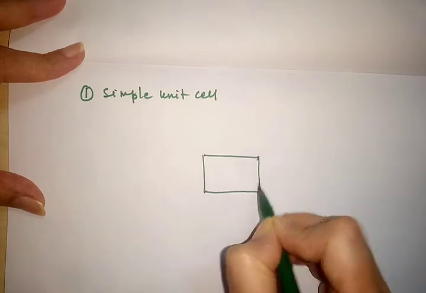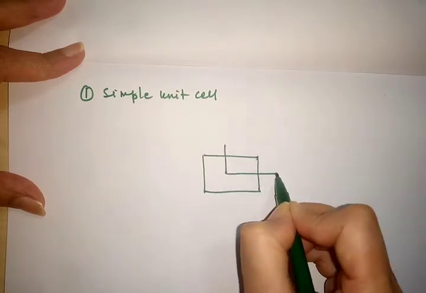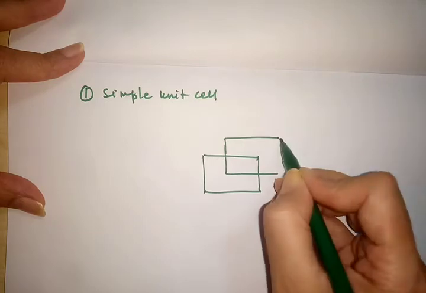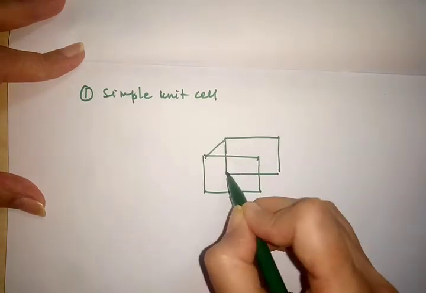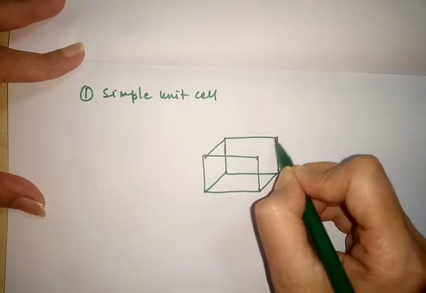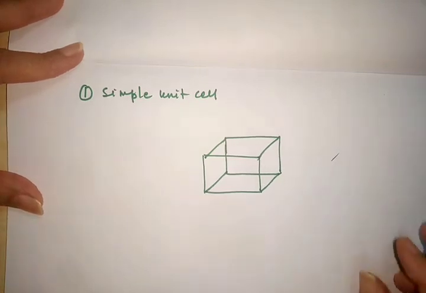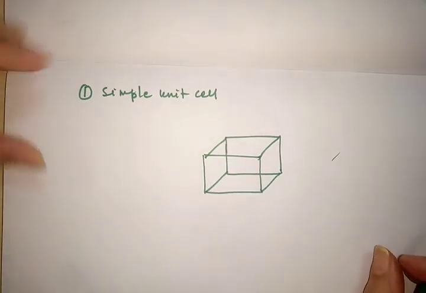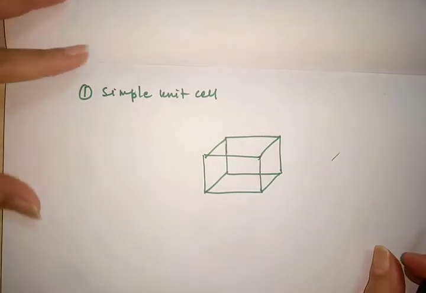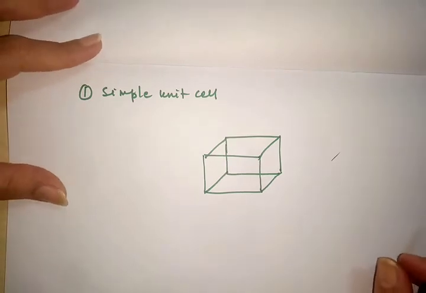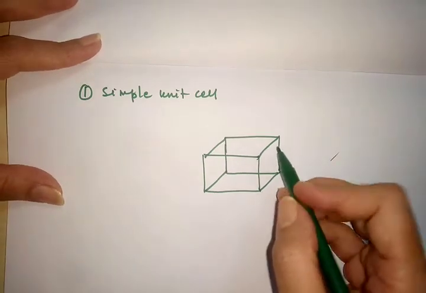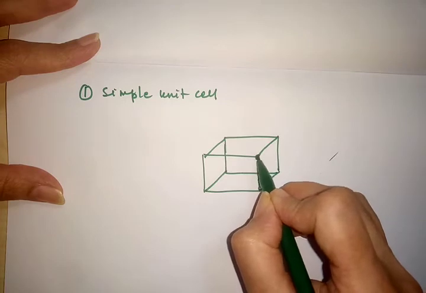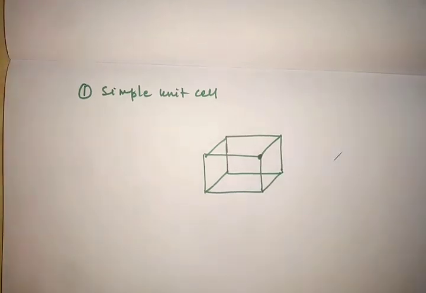This is the way you should practice drawing the unit cell. So this is a simple unit cell or simple cubic unit cell. It's just like a cubic puzzle. Now here these are the constituent particles which are arranged at the corners.